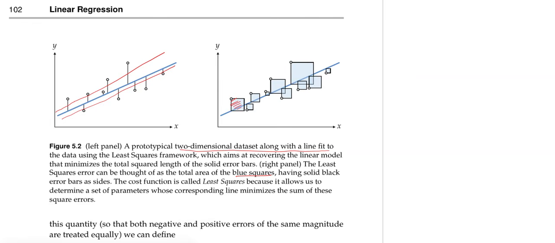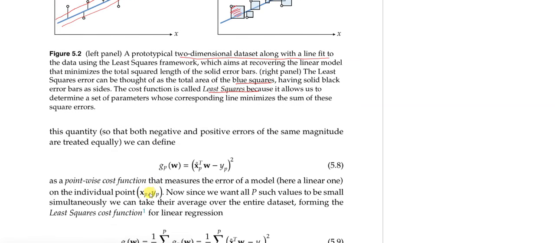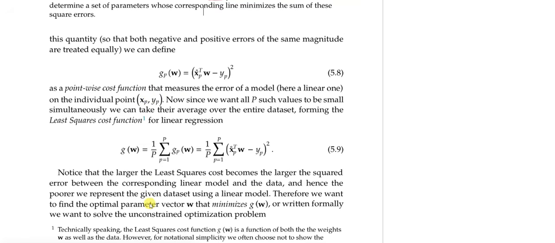The cost function is called least squares because it allows us to determine the set of parameters whose corresponding line has the minimum sum of these squares. This is yp minus the function x transpose w. That difference is considered as error, and that error square should be minimum.